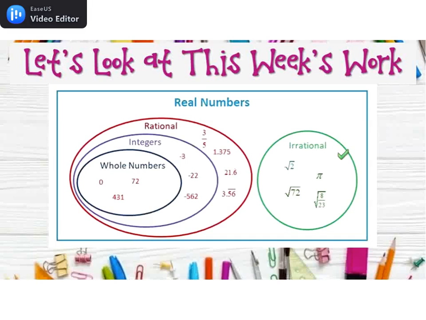So if you have your calculator, I want you to do this for me. Take it out and type the number 2, and then press the square root button, the funky little house thing that goes over top. If you get an answer, I'd love to see it in the chat.